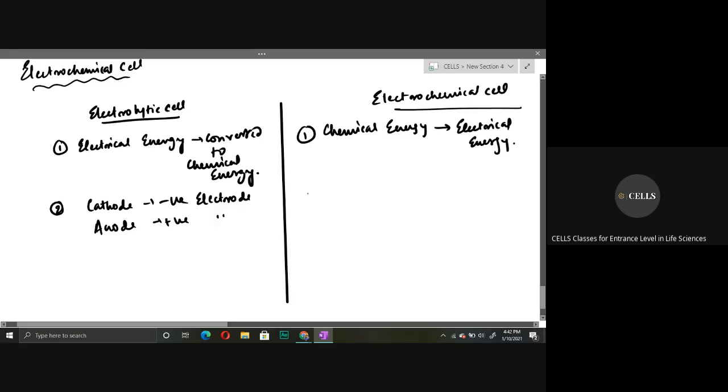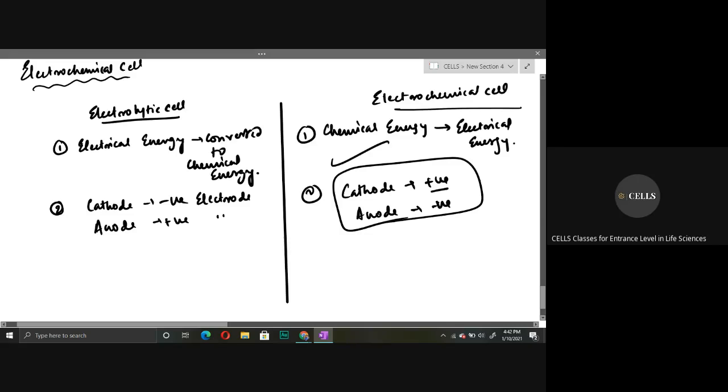But in the electrochemical cell, it is just reverse. The cathode is positive because positive charges are actually binding and making it positive, and the anode is negative. This is a very important thing.